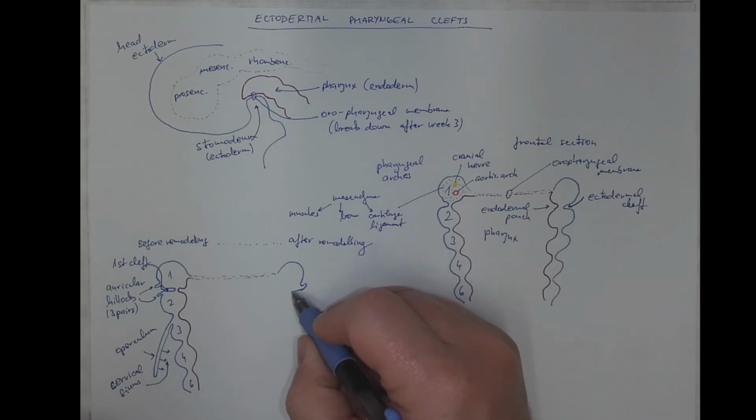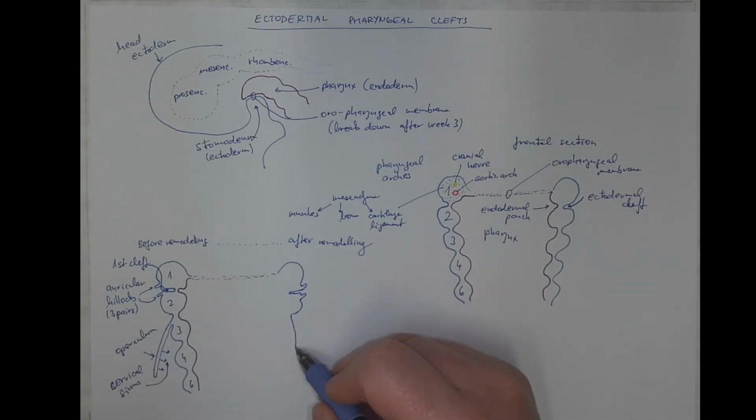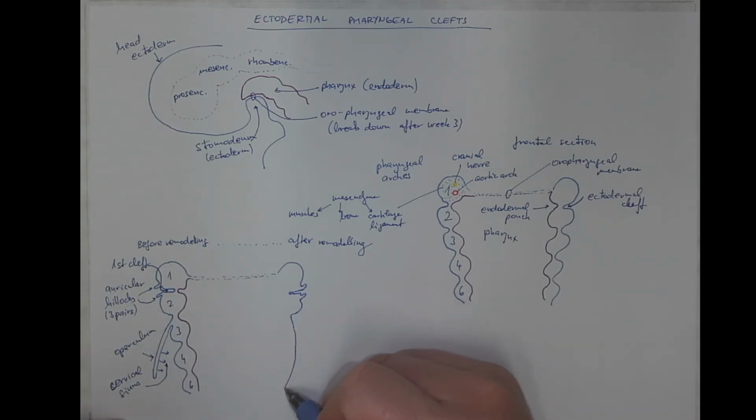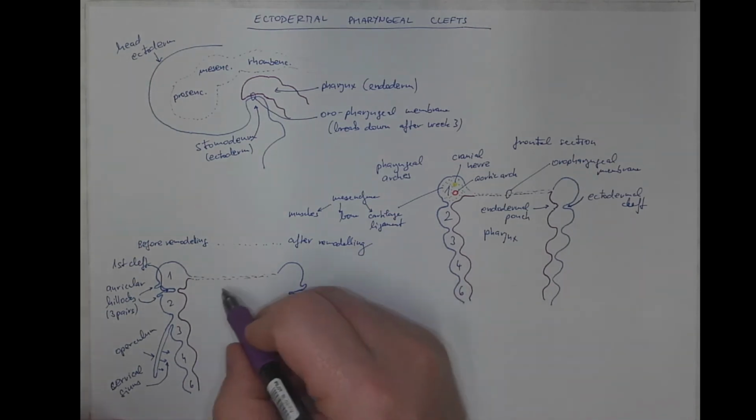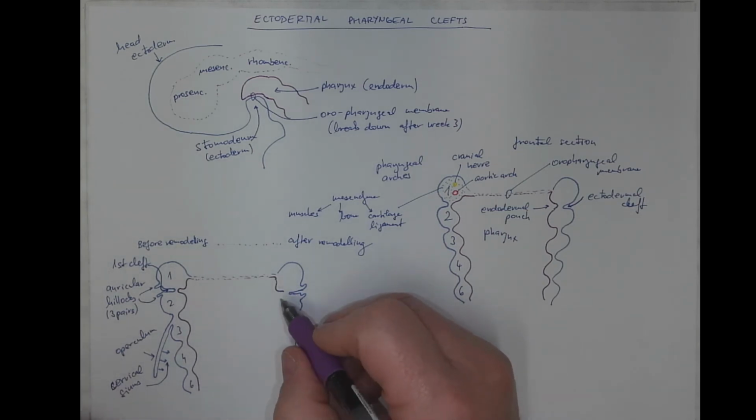The first cleft will become the external acoustic meatus. And the closed operculum will cover the lateral side of the neck region. Here will be the auditory tube.